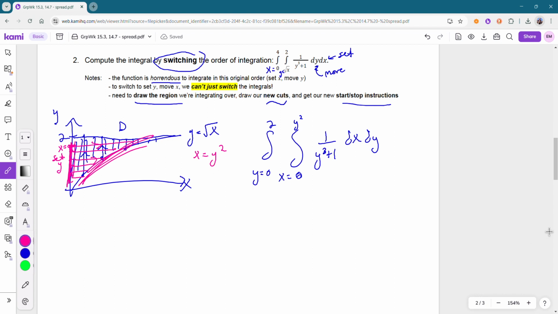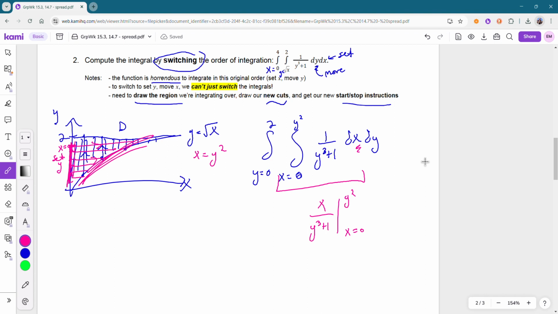Now, our inside integral, thinking of x as our variable, our entire function is just a constant, and so the antiderivative just gets an x multiplied in there. So we get x over y cubed plus 1 evaluated from x equals 0 to y squared.